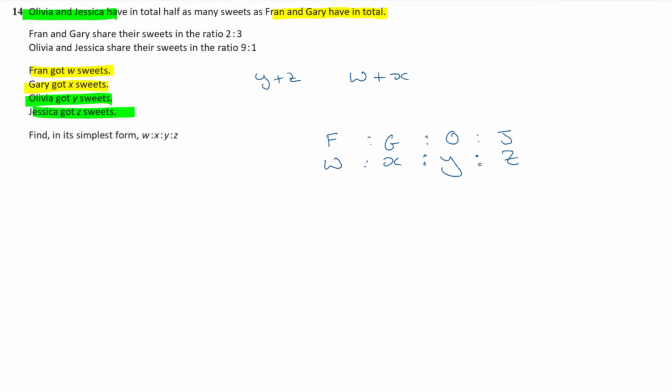Okay, and that's in the ratio W to X to Y to Z. So then Fran and Gary in the ratio of 2 to 3, and Olivia and Jessica in the ratio of 9 to 1. Okay, so altogether these two here, look, is 5 parts, and these two together is 10 parts.